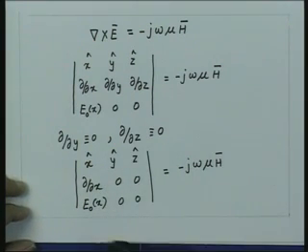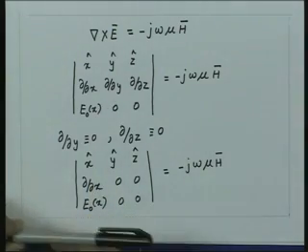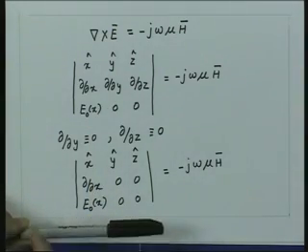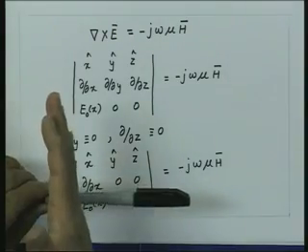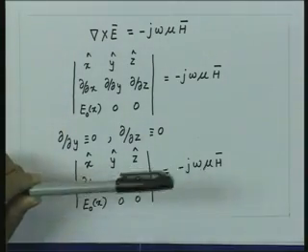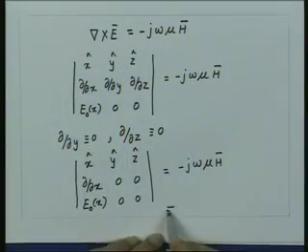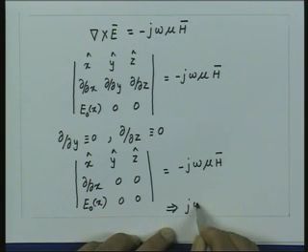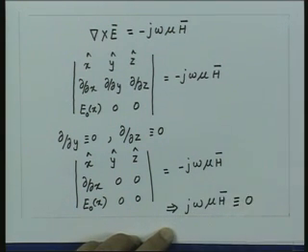If you solve this, you will get all the components equal to 0. So what that means is that for this field, which was oriented in the x direction and was constant in a plane perpendicular to that, the minus j omega mu into h is identically 0. So j omega mu h is equal to 0.